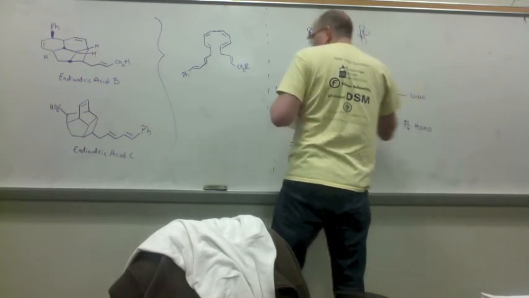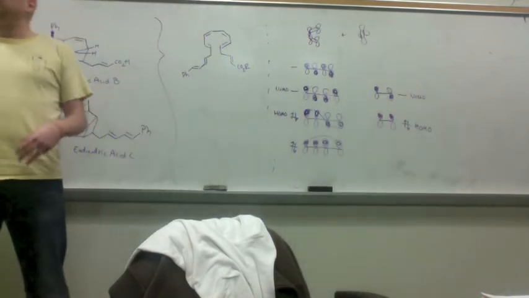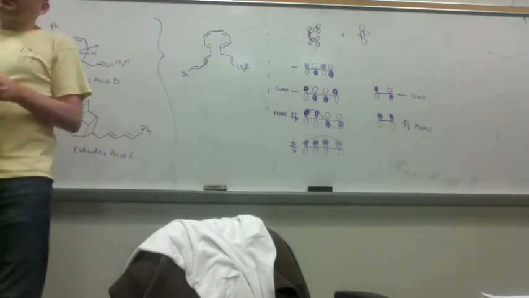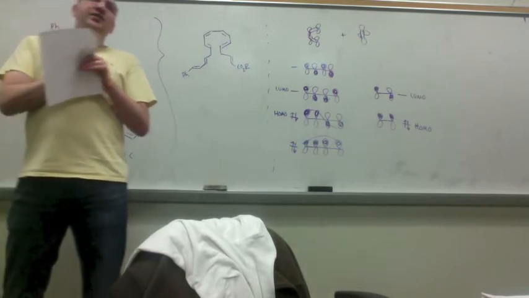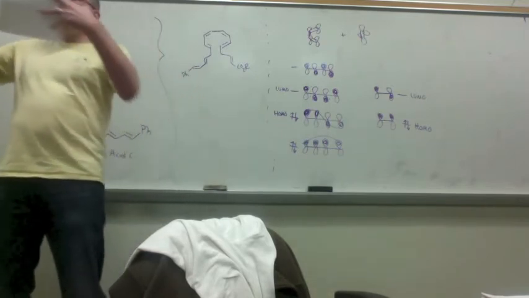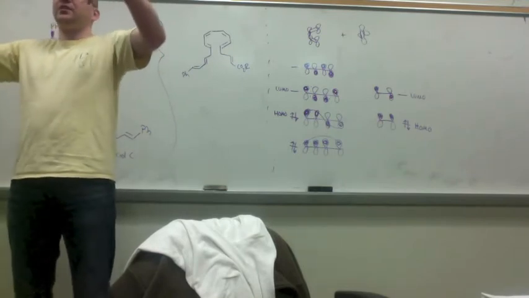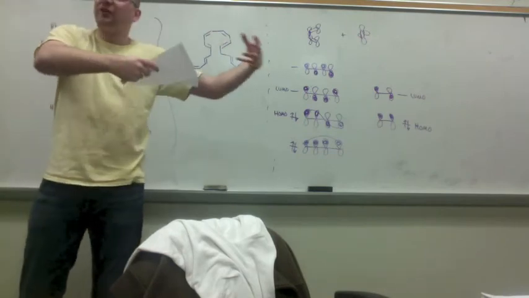And just rationalizing it, I don't really understand the math at all, but in terms of rationalizing it, it's fairly simple to think about the fact that when one bond is going to form with another, the highest-energy electrons from one orbital are going to react with the lowest empty orbital of another.